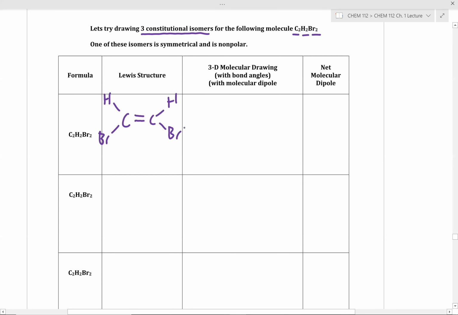Now, if we're thinking about the molecular shape and molecular geometry, what would the geometry be for each of our carbon atoms? Trigonal planar, exactly right.